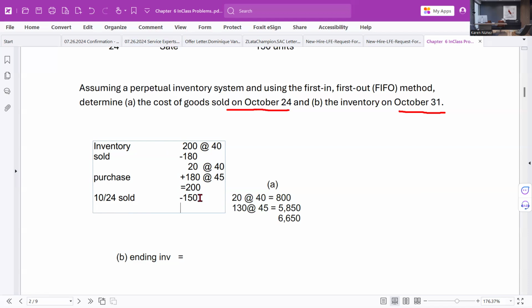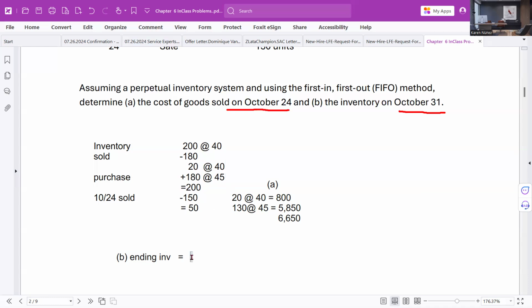There are only 50 units left. Only 50 units left. So of these two layers, the 20's gone and 130 of the 180's gone.